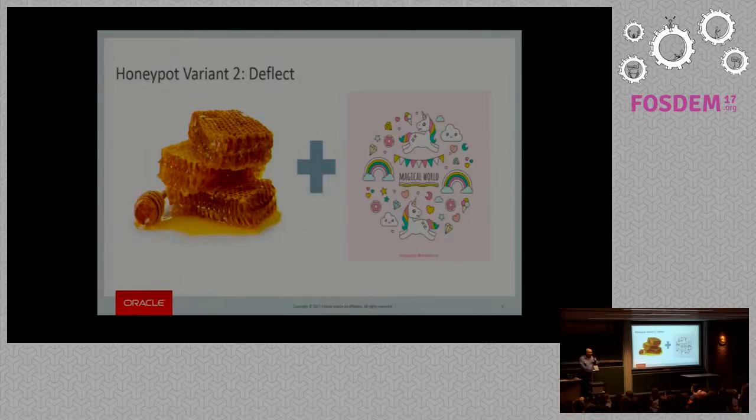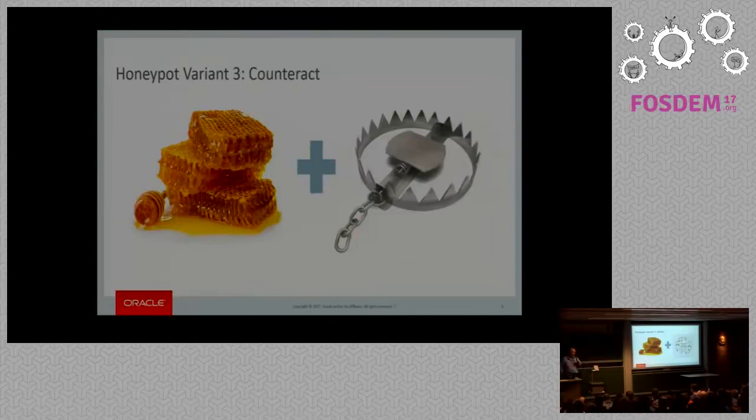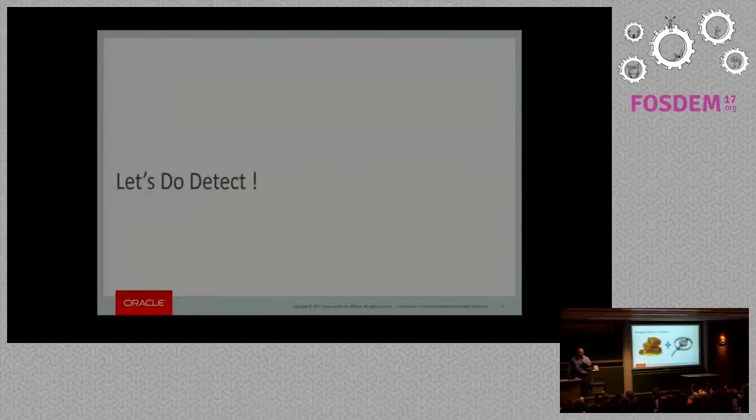Basically, you show them unicorns, rainbows, flags and all. People think they are doing the real stuff, but they are actually taking a ride in your theme park, pretty much. And counteract. This is a bit harsher. There are no unicorns there, just a big old trap. So whenever somebody tries to access the honey, you catch them. That's plain and simple.